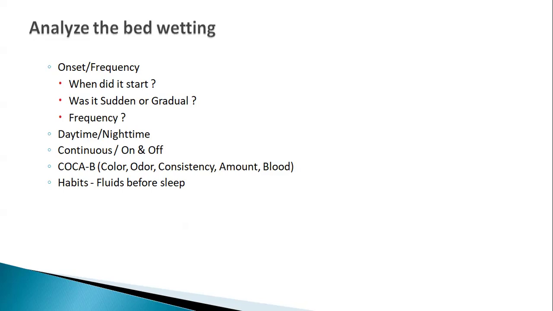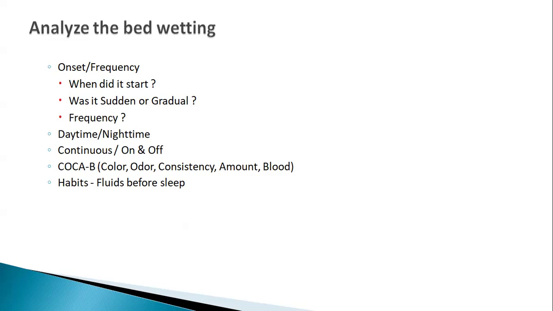Also in NAC OSCE cases or stations, when we're dealing with secretions of fluid, we want to use a mnemonic called COCA-B to analyze the fluid, where C stands for color of the urine. Here in this case of bedwetting, is there any unusual odor associated with it?